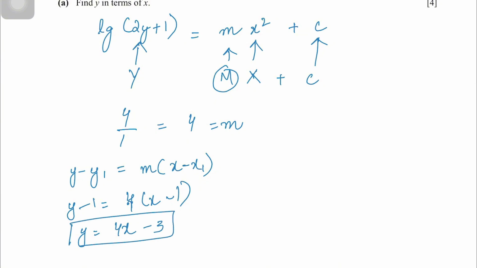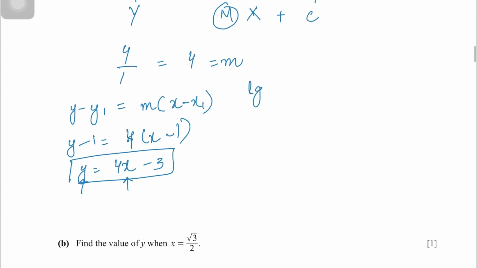So we have our equation. We can substitute the equation as lg of 2y plus 1 equals 4, our gradient, times x squared, our X, and then negative 3 is our c.